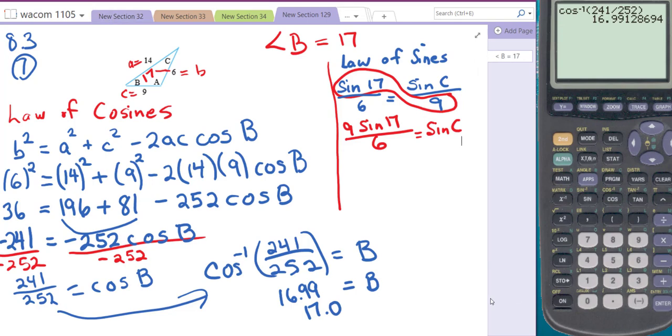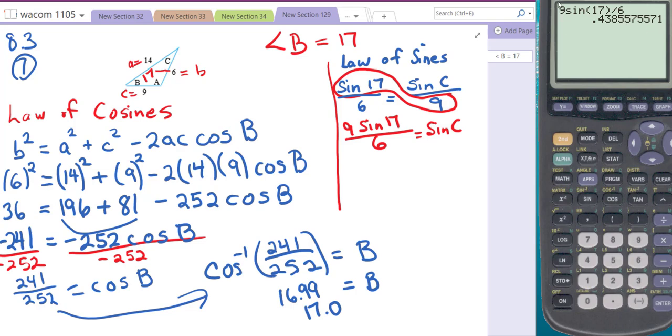All right, so I'm going to go in my calculator. We'll clear. So I have 9 sine of 17, close, divided by 6, enter. All right, now I'm not done. I can hold that in my calculator.